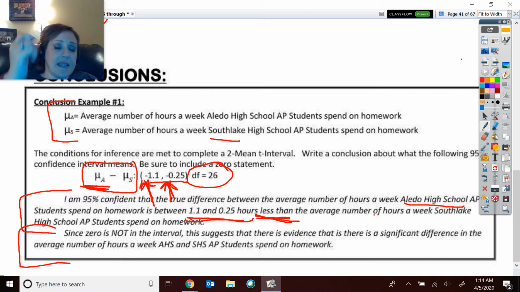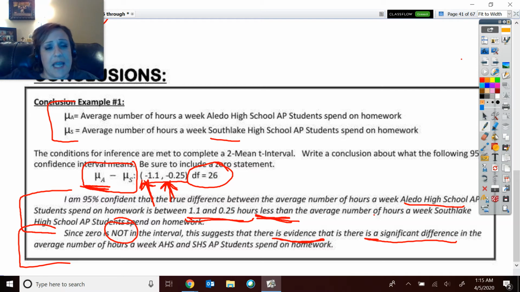In this case, zero is not in the interval. The entire interval is below zero. So this suggests that there is evidence that there is a significant difference in the average number of hours AP students at AHS and SHS spend on homework.